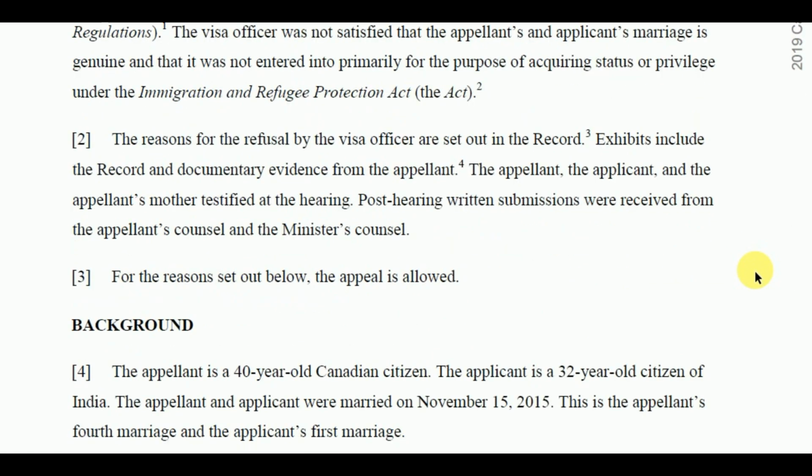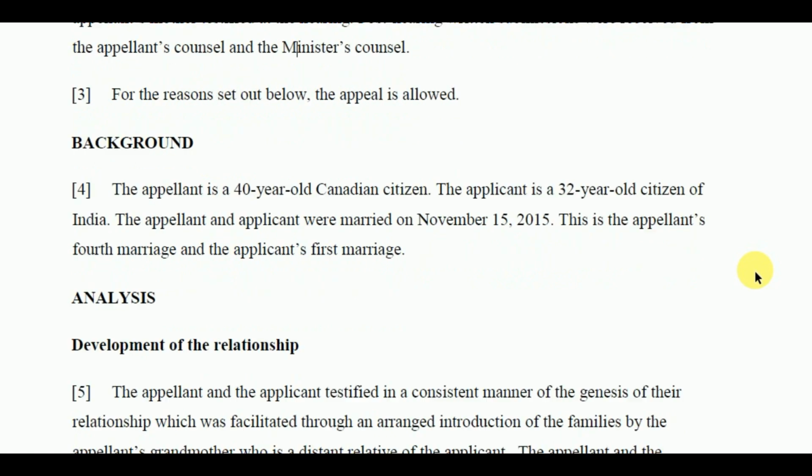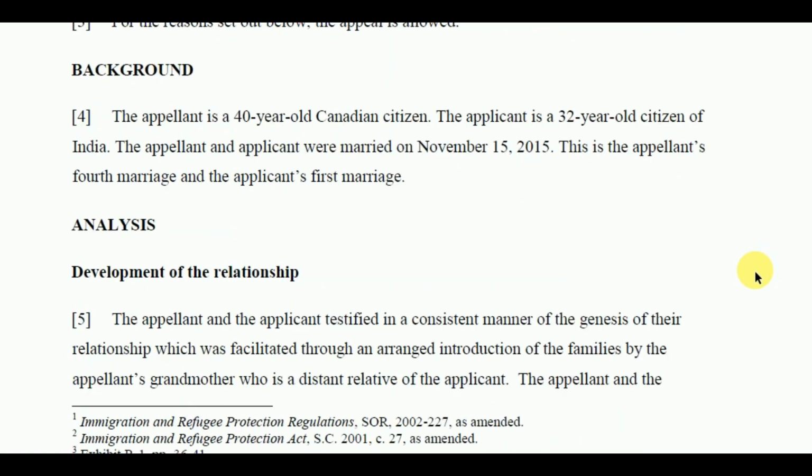So let's see the background here. The appellant is a 40-year-old Canadian citizen, Kulwant Dillon, and the applicant is a 32-year-old citizen of India, Ranjit Kaur Dillon. The appellant and the applicant were married on November the 15th, 2015, and this is the appellant's fourth marriage and the applicant's first marriage.